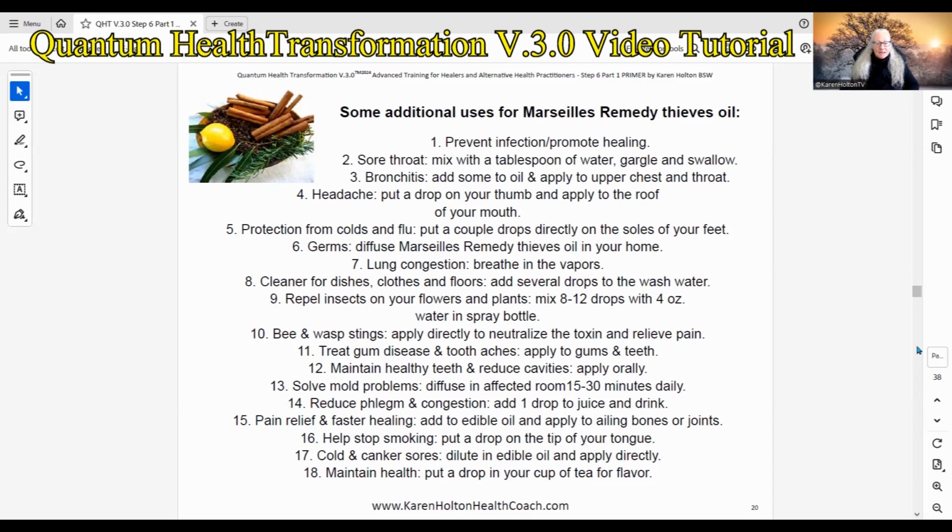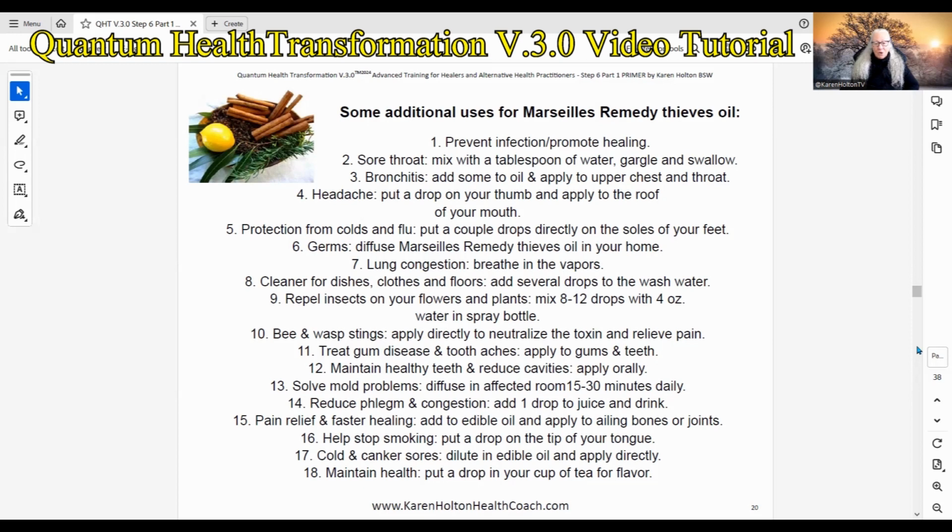11, treat gum disease and toothaches. Apply to gums and teeth. 12, maintain healthy teeth and reduce cavities. Apply orally. 13, solve mold problems. Diffuse an affected room 15 to 30 minutes daily. 14, reduce phlegm and congestion. Add 1 drop to juice and drink. 15, pain relief and faster healing.